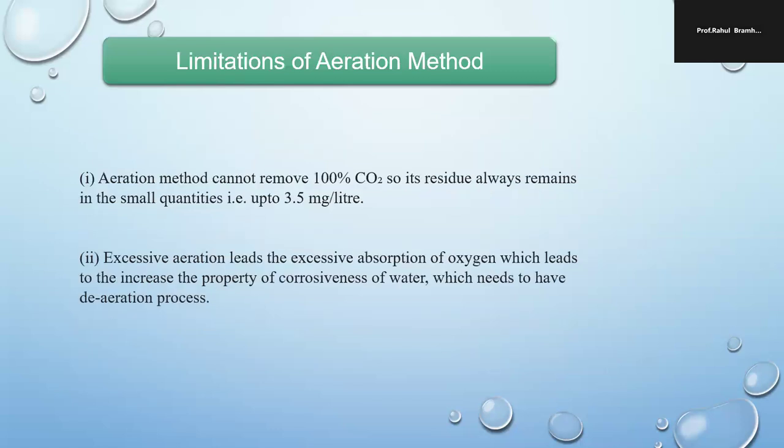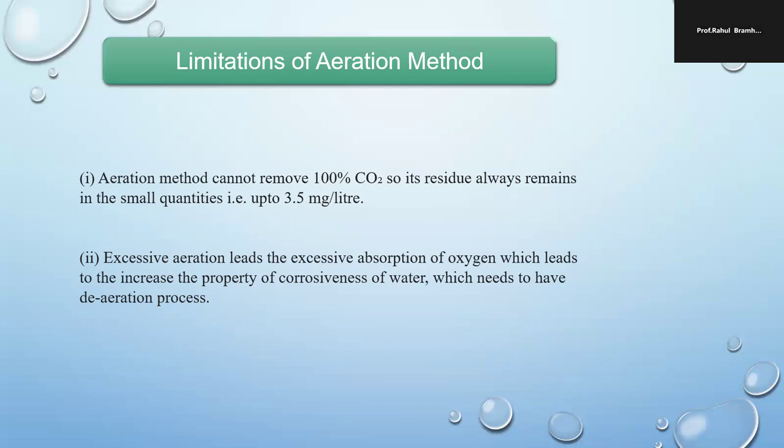Now we will discuss the limitations of the aeration method. Aeration methods have some limitations. First, the aeration method cannot remove 100% carbon dioxide, so its residue always remains in small quantities, up to 3.5 mg per liter.